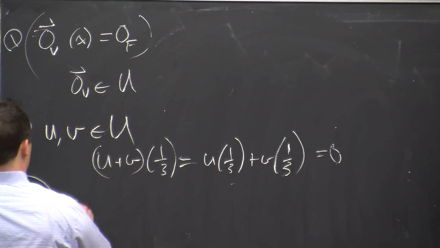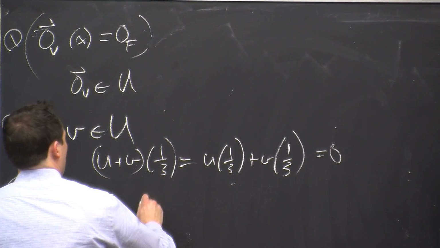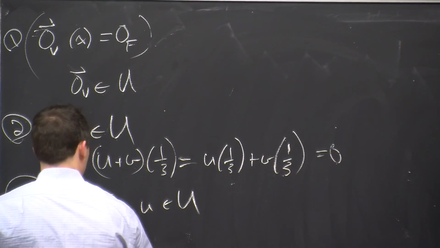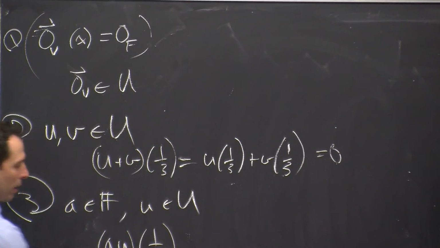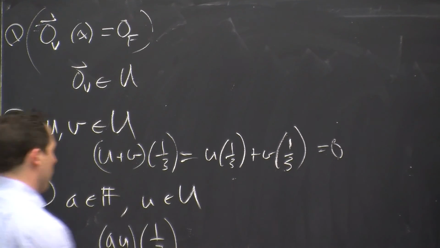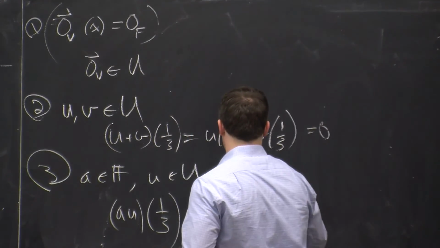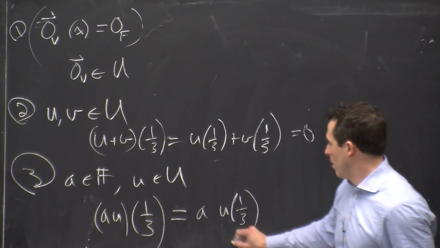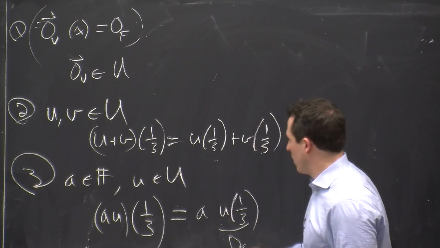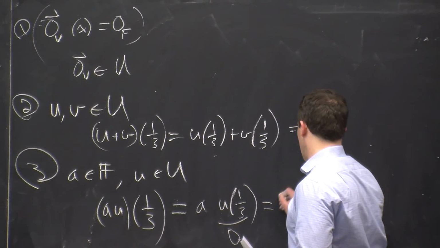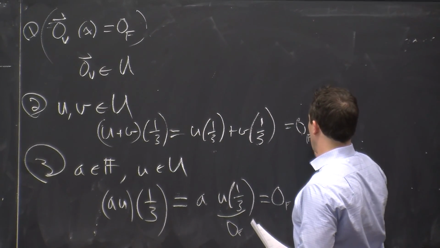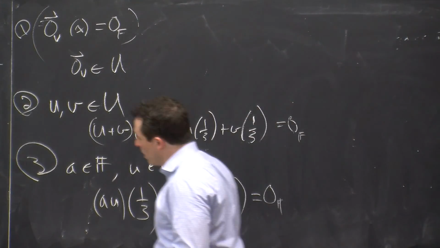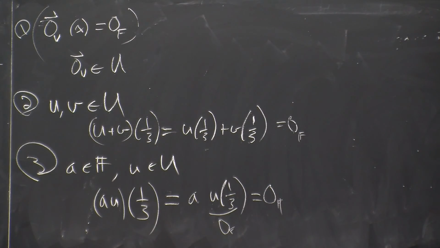Similarly, if a is a field element and u is in U, we want (au) at our special point, 1/3. This, by definition, is equal to a times u of 1/3, where the multiplication is in the field now. u of 1/3 is equal to 0 in the field. a times 0 in the field is equal to 0. These are field zeros. Great, so that satisfies the criteria, and it is a subspace.